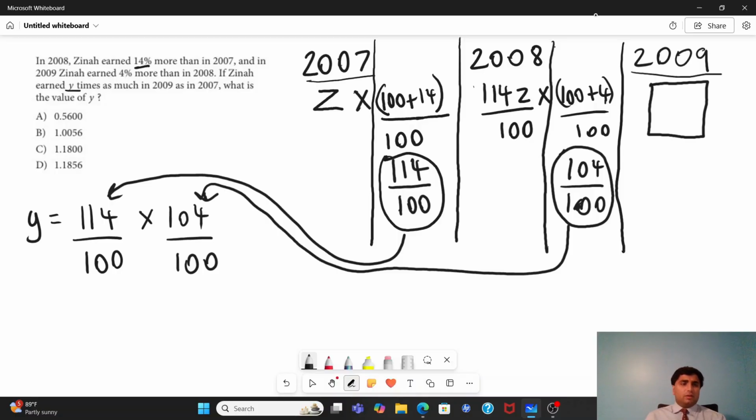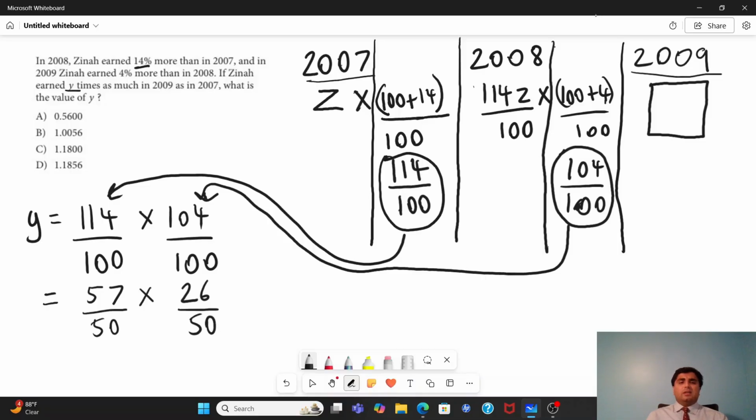Then we further simplify all this out. We're going to get, if I remember, 57 divided by 50 multiplied by, or excuse me, my mistake, multiplied by 26 over 50.